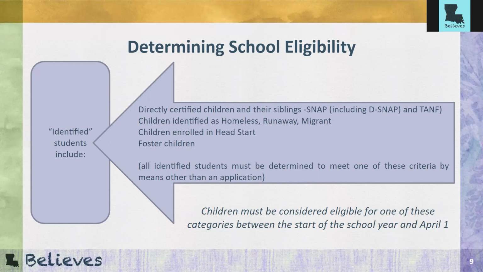Also, children that are identified as homeless, runaway, migrant, children enrolled in Head Start, and foster children. And all of these students must be identified by means other than an application.